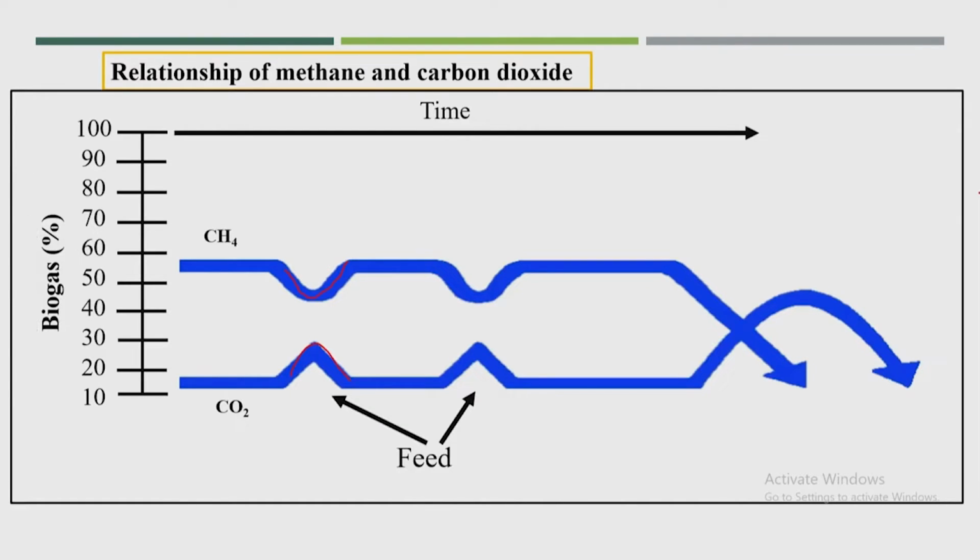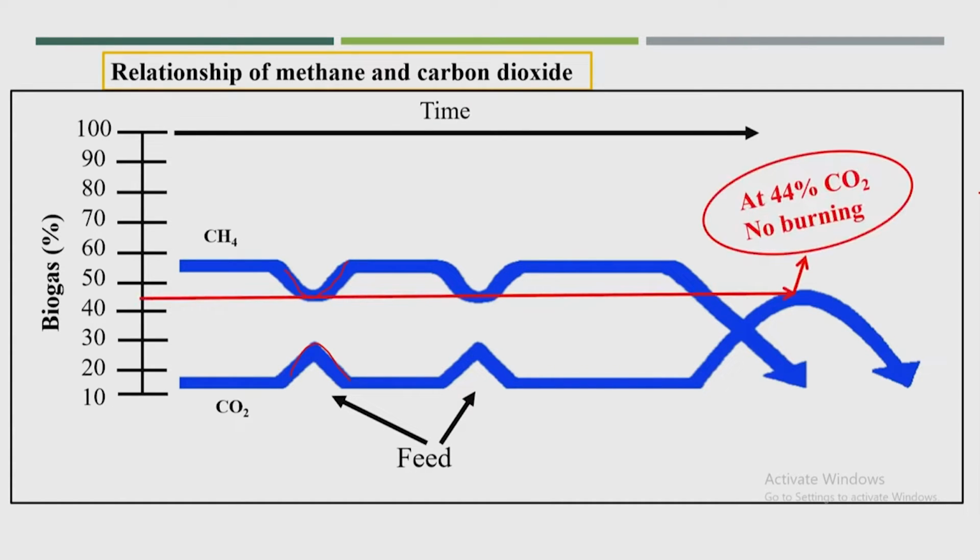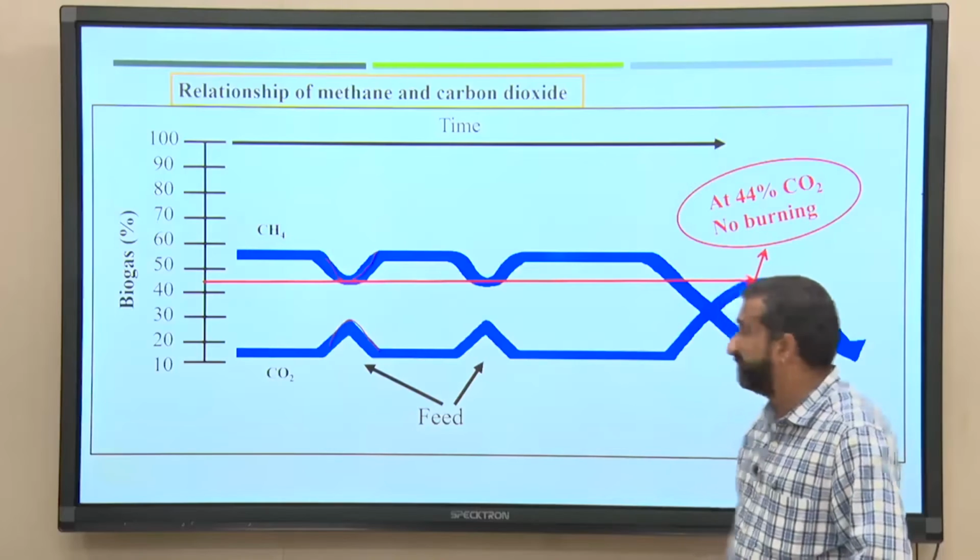From time to time we feed the reactor, feed the unit, with fresh organic matter. So these kinds of things are possible, and at a particular time it is possible that the carbon dioxide percentage will be more if proper anaerobic conditions are not achieved.